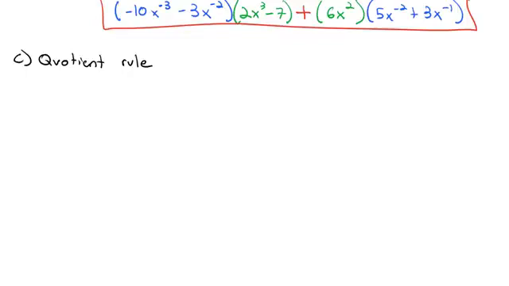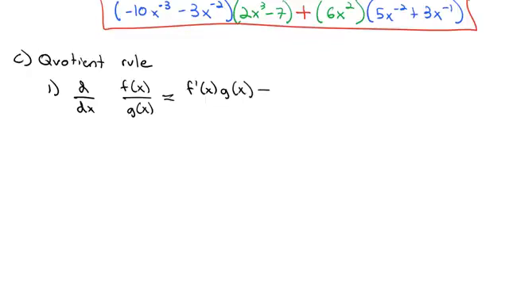It's got two tweaks to make it different, but it's very similar. If I'm taking the derivative of two things that are divided, f of x divided by g of x, be careful, this is not f prime divided by g prime. We can't just divide the derivatives. Instead, we will take the derivative of the first times the second.